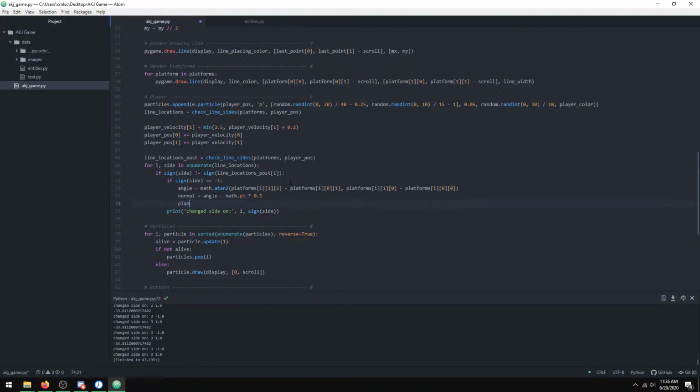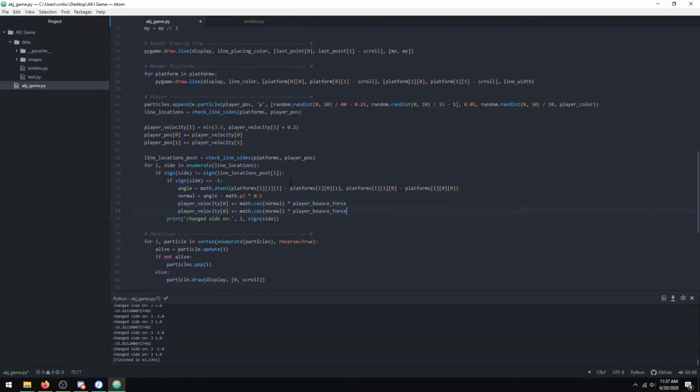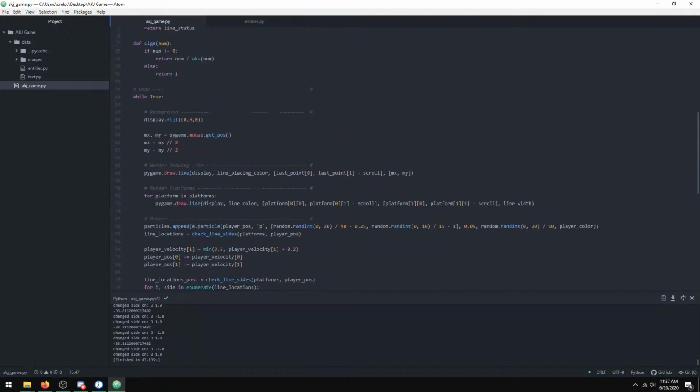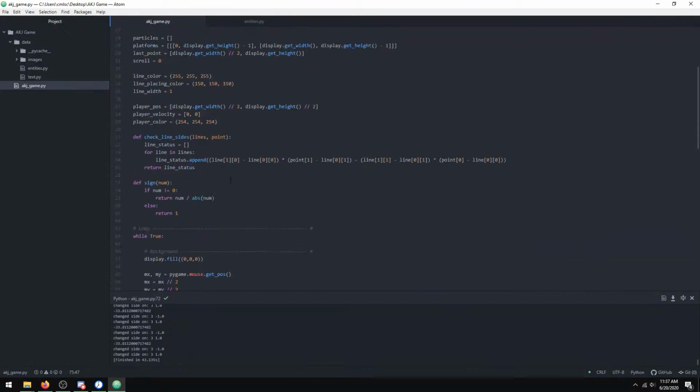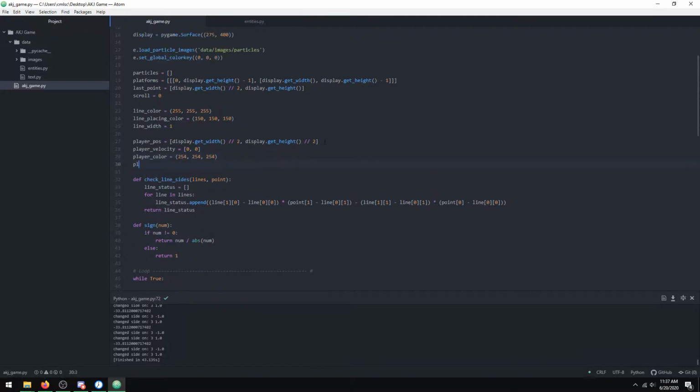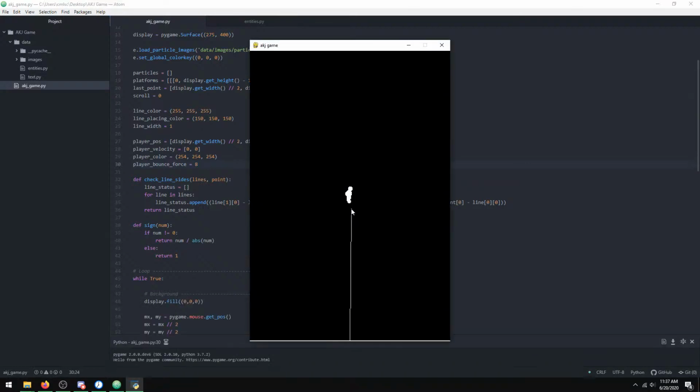And then player velocity 0 plus equals math dot cosine of the normal by the player bounce force, and do that with 1 and sine. So the player bounce force equals, let's do 6. Or no, 8's fine, I think.